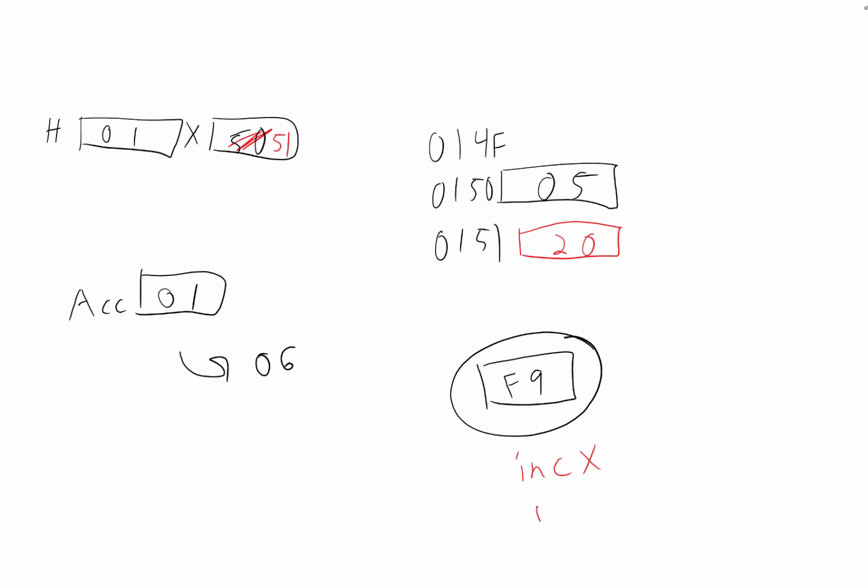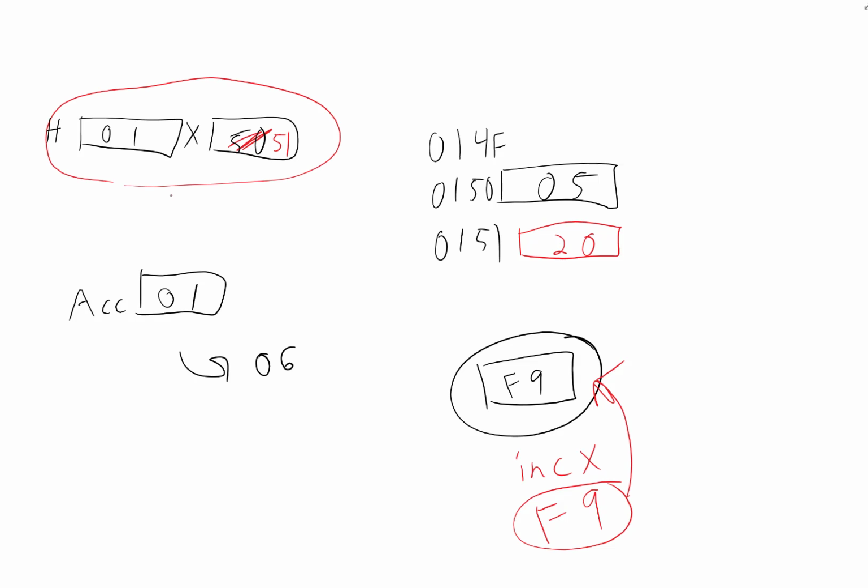And we then ran F9 again. So the same exact object code as was done there. What it's going to do is look at the value of the HX registers. It's going to say that's 151, and then it's going to go grab this 20 instead of that 5. And so then our accumulator, because we added 5 to it earlier, is a 6 now. So now that's going to hold a 26.